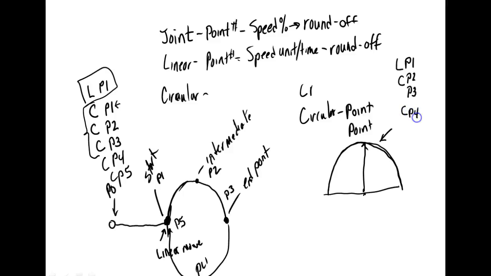You do point 4, and then you do point 5. So a circular move on the other robots will take 5 instructions. Well, it's not really 5, because these are considered to be 1. On the Motorman, it'll take 6 instructions to do a circle: 5 circular moves, and then 1 linear move to get in there.